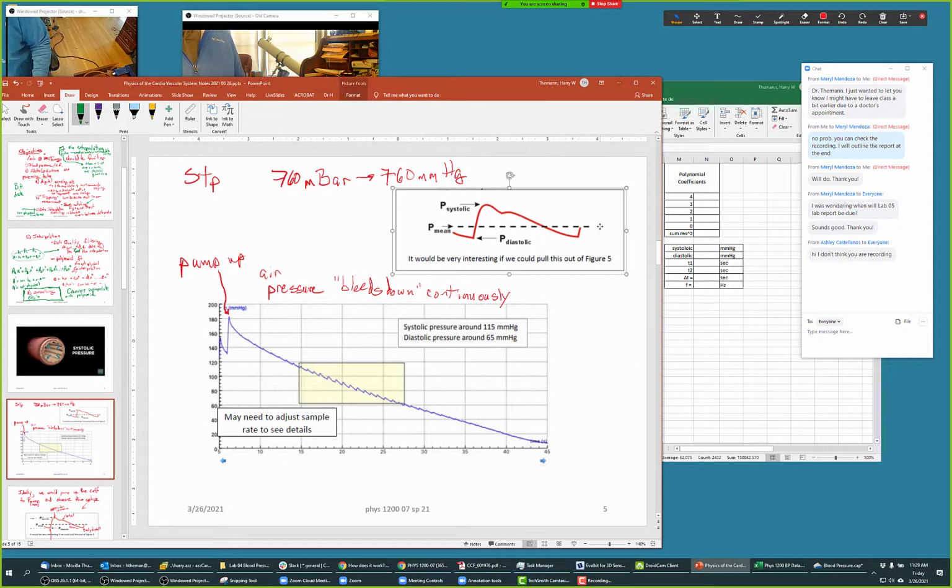Now, this little guy up here in the upper right, this is sort of an ideal situation. If you could assume that we could pump up the cuff and set it at the average pressure, we would see this shape.